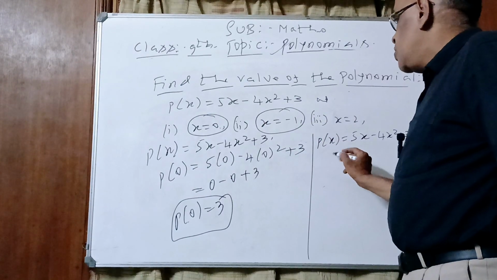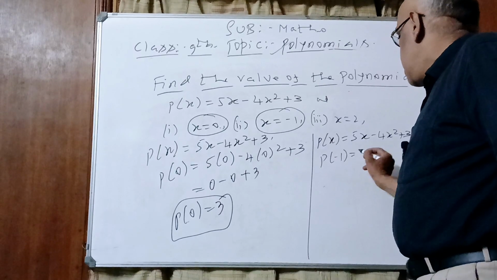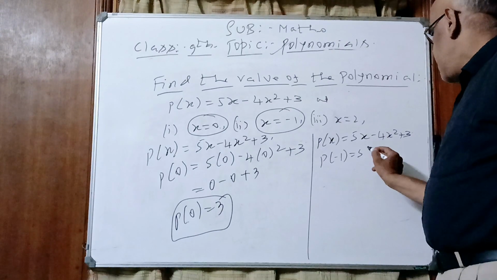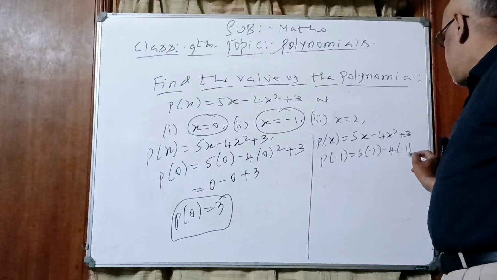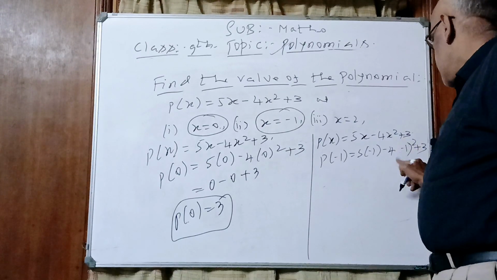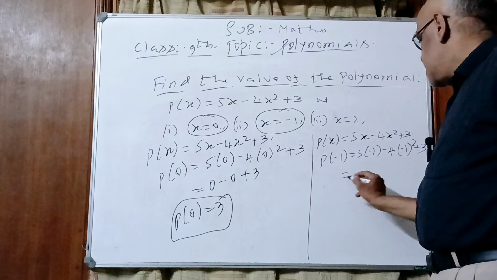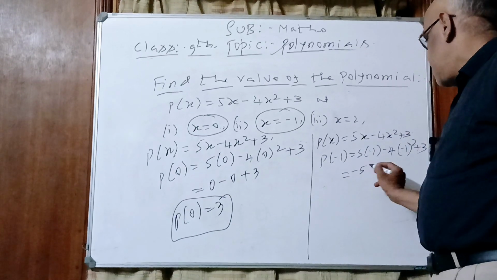Similarly, the second value. What is the second value, children? At x is equal to minus 1. Wherever x is there, put minus 1. 5 into minus 1 minus 4 into minus 1 squared plus 3. 5 into minus 1 is minus 5.